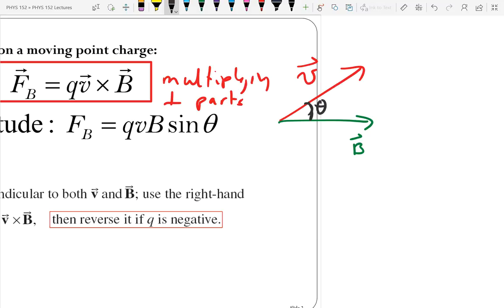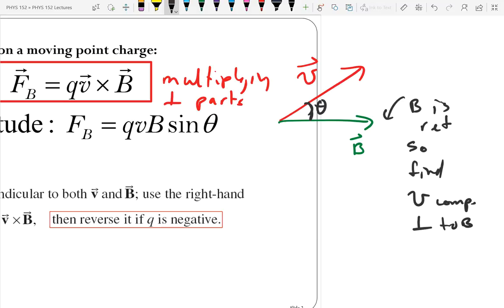Say it louder. B. I just realized the two sound so similar, B and V. So we're going to take B as the reference. So find the velocity component perpendicular to B is what I'm going to do, because the cross product is multiplying the perpendicular parts.